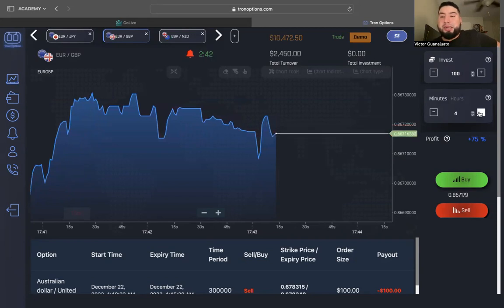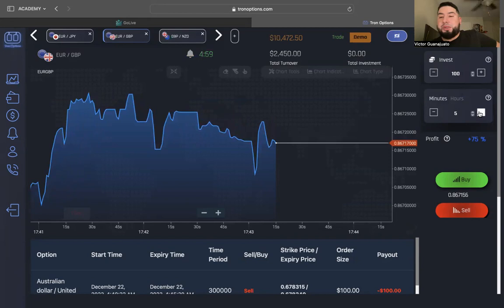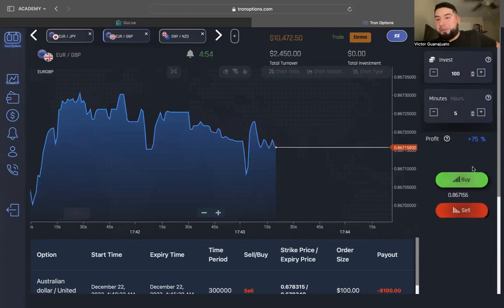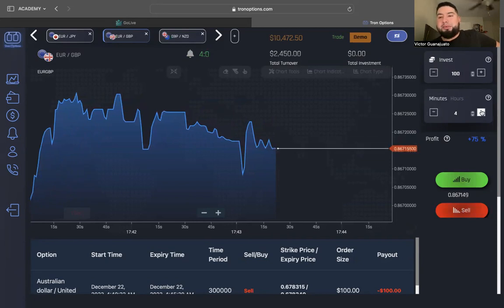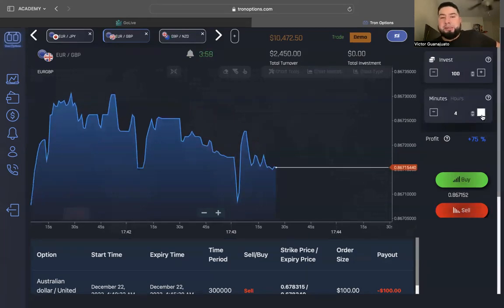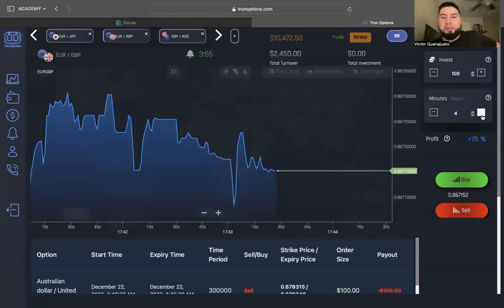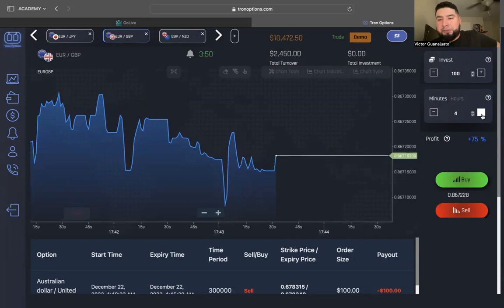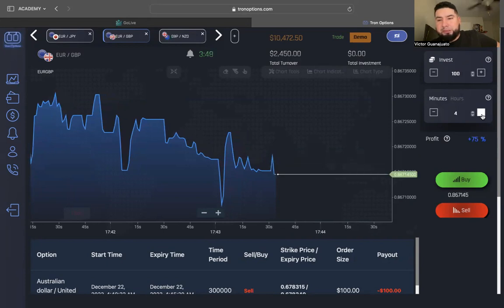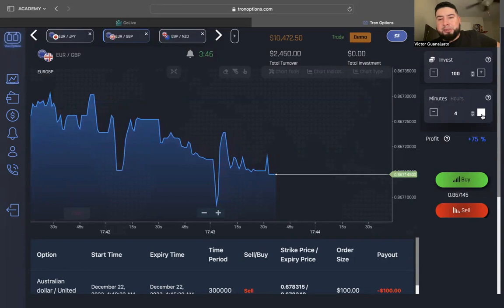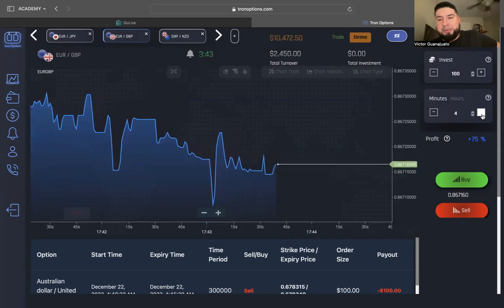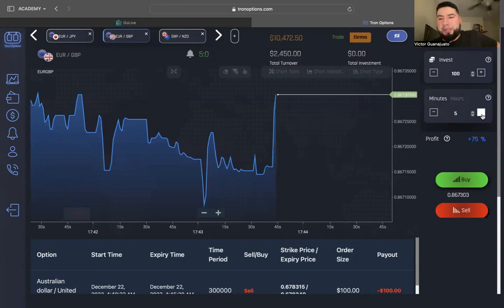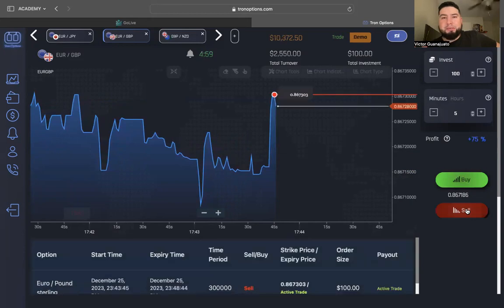So what we're going to do is click, and then right as we click, click the button that we want, which is the red or the green one. It depends, right? So I'm going to go back to 4, and let's see. I think it's going to go up. It's at 715 right now: 722, 714, 715, 717, 716.